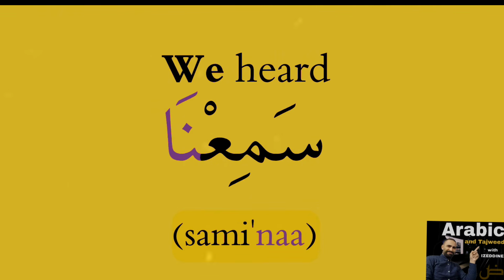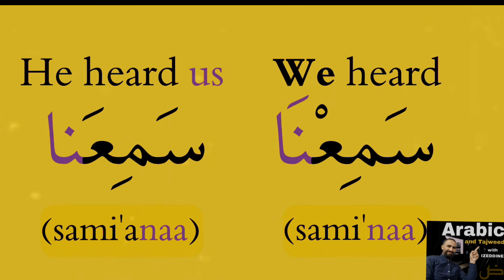سمعنا. We heard. So we add na for we. In the past, سمعنا. If you train on these examples, that would be so easy for you. نحن سمعنا. He heard us. سمعنا. Or هو سمعنا.